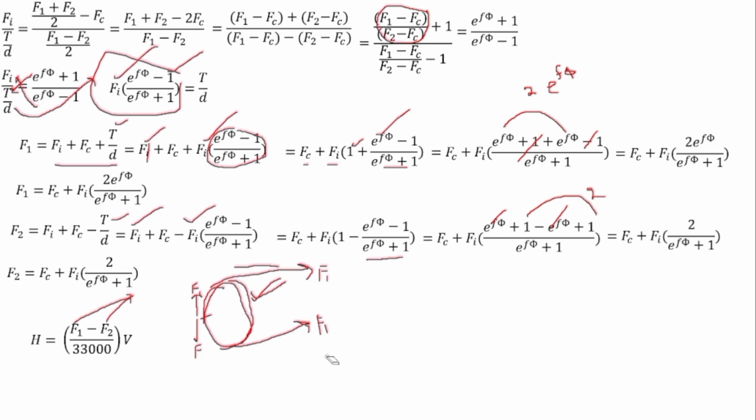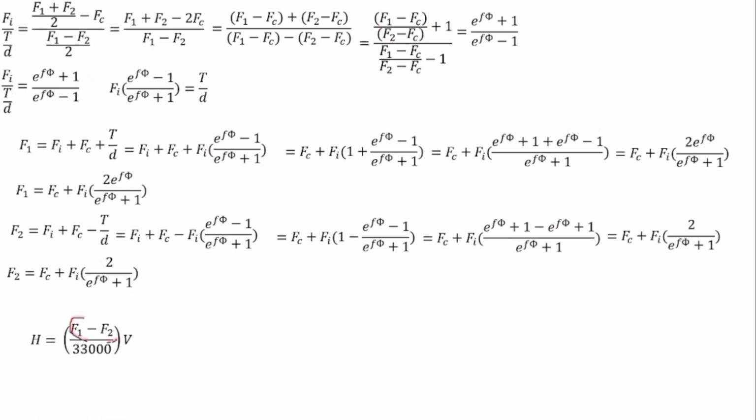But if this is F1 and this force is F2, and there is a slight difference between these two forces, and you transfer this F1 over here like this, and similarly F2 over here like this, then F1 minus F2 will not be equal to 0, so this pulley is going to rotate, and hence power will be transferred. That is why we have written F1 minus F2 over here, which is delta F.